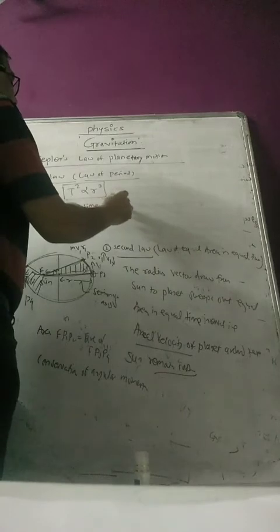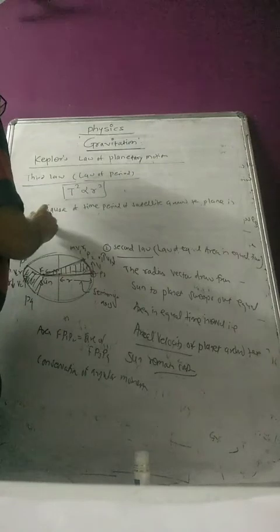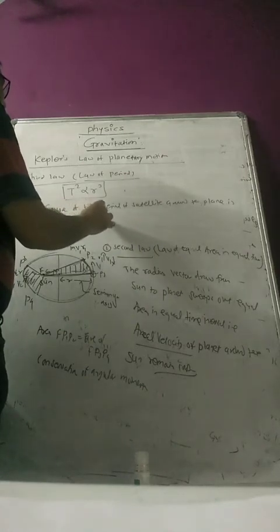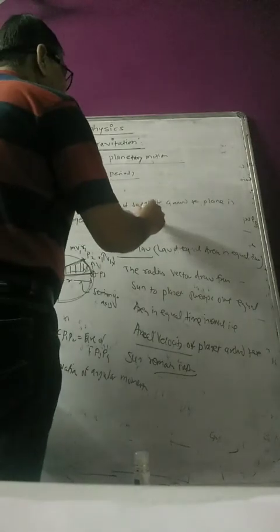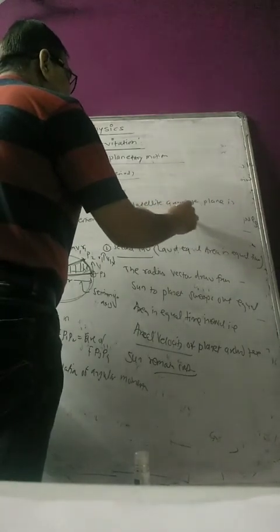म्हणजे मुलांनो square of the time period of satellite around the planet is directly proportional to cube of semi-major axis.